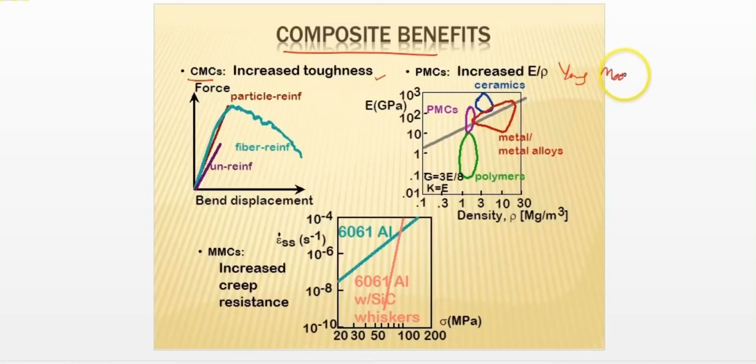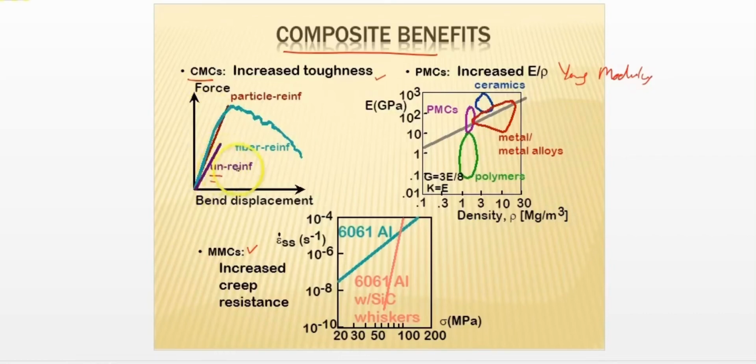Right, untuk PMC, which is the EP here, which is stands for Young Modulus. Okay. On the CMC, if you look into the force and bend displacement diagram here, okay, for the particle reinforced, okay, we have 3 part here, which is particle reinforced, fiber reinforced and then unreinforced.